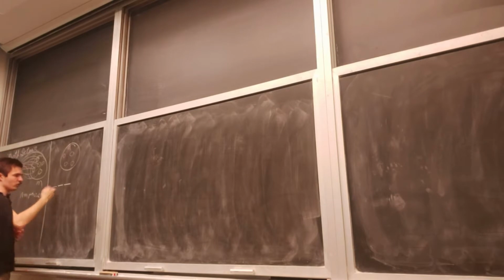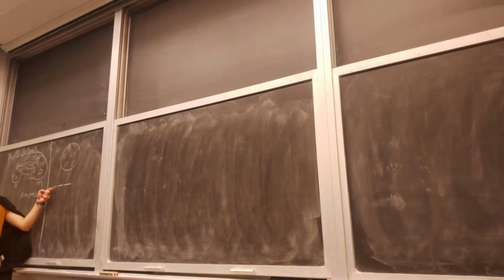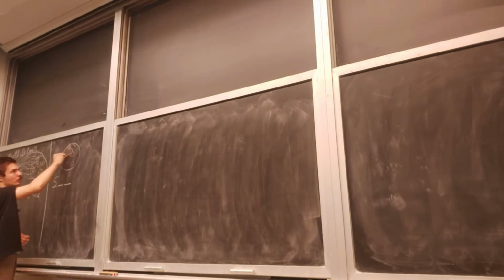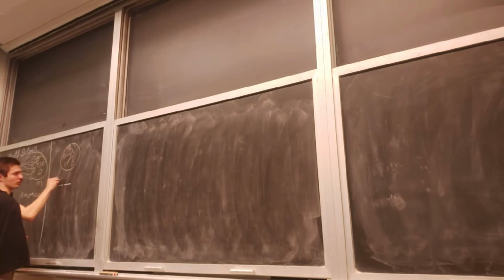So we're choosing 3 balls, and for the first ball, we have 5 options. And suppose we chose one of those 5. Suppose we chose this one. After we've chosen this one, we have 1, 2, 3, 4 other options. So we have 5 times 4 options already.